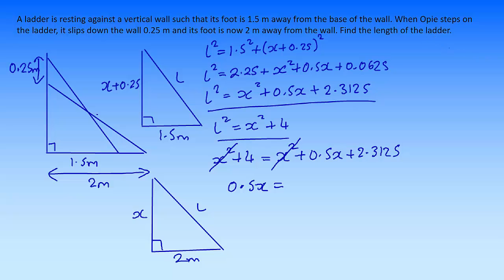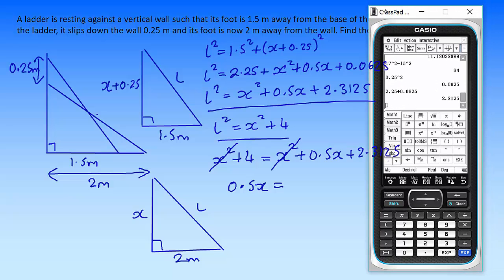So let's just work that out on the calculator. So we've got 4 take away my last answer. So that's 1.6875. And then x is going to be that divided by 0.5.